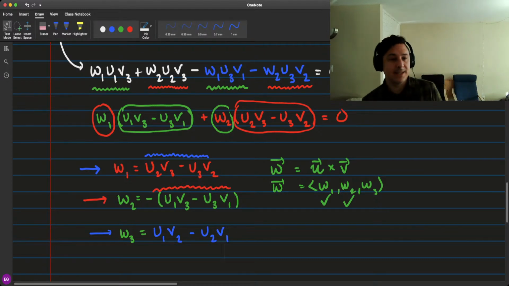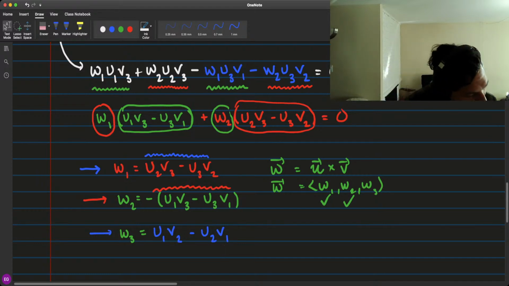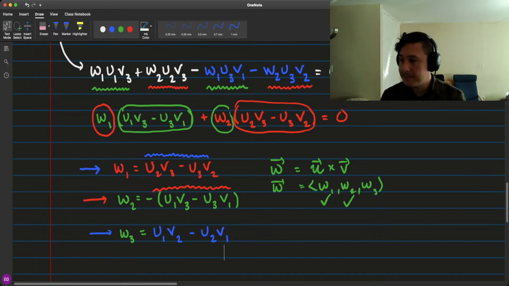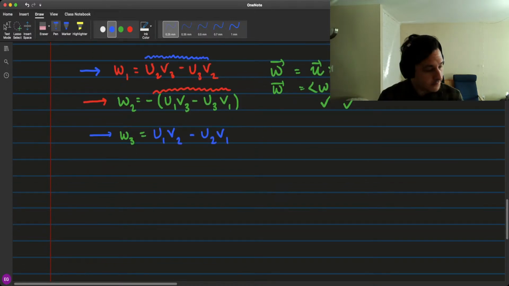But the fact is, there's a nice way to remember this. So this is called the cross product. And there's a really cool way to write this. So the cross product of U and V is what's called the determinant.